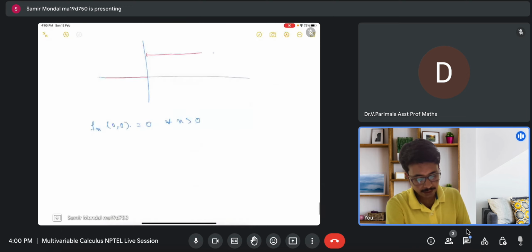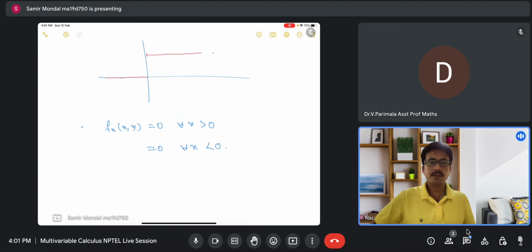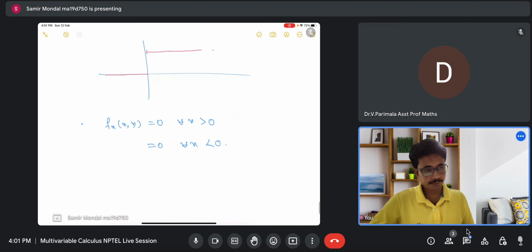Similarly we can write this one: 0 for all x greater than 0, and also 0 for all x strictly less than 0. At the point 0 also it's 0.